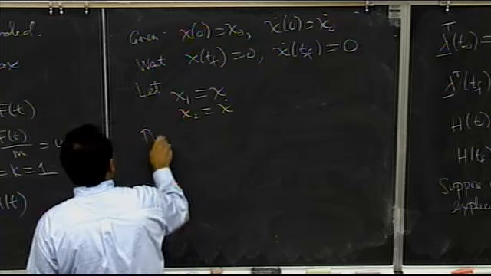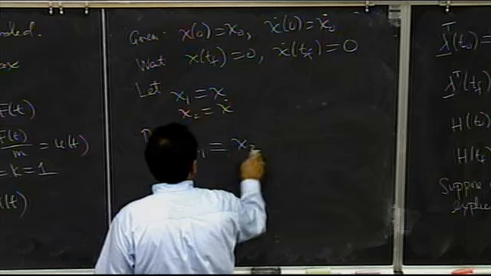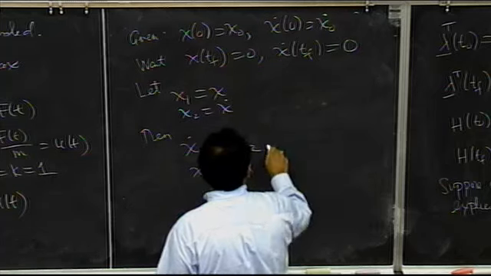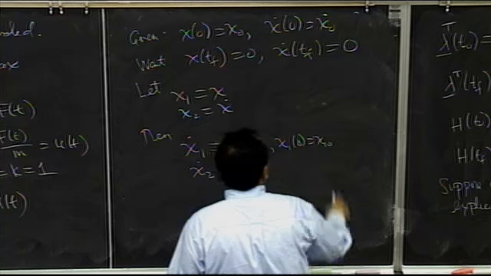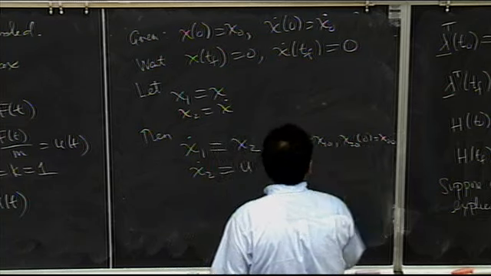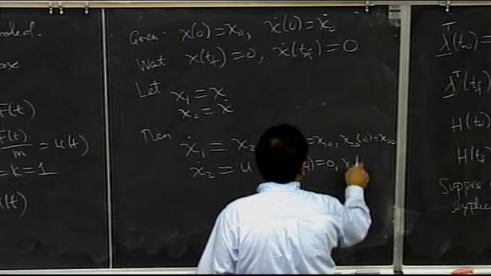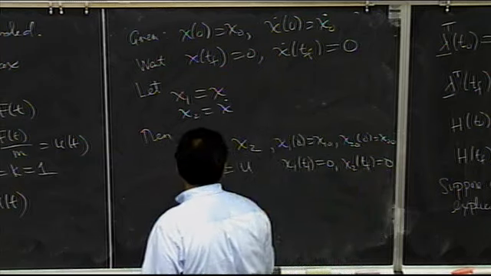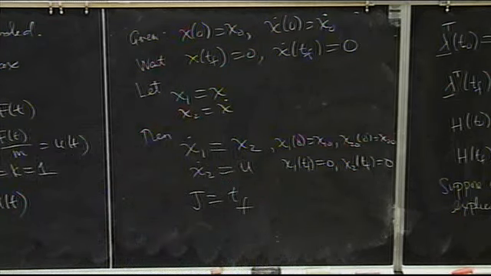Then that gives us the following first order system: x1 dot is equal to x2, x2 dot is equal to u, and I've got the boundary conditions that x1 at 0 is equal to x1 0, and x2 at 0 is equal to x2 0, x1 at tf is equal to 0, and x2 at tf is also equal to 0, and the cost function is tf. I want to make that as small as possible. So that's the optimal control problem.